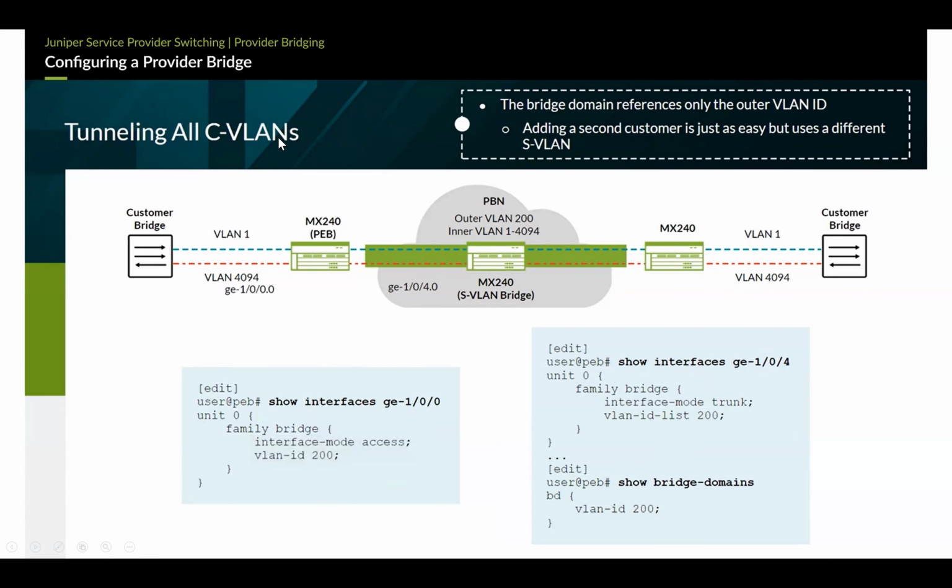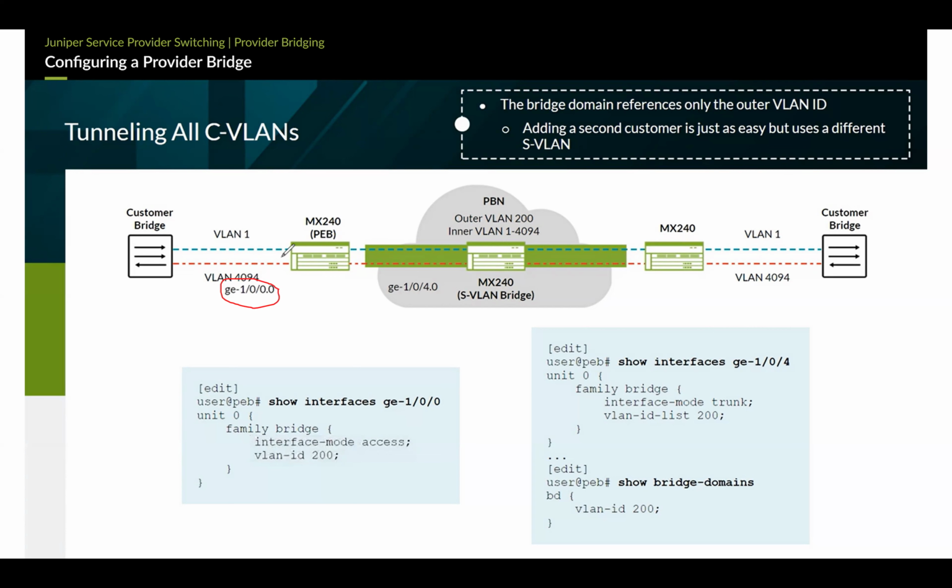Okay, tunneling all VLANs. How to tunnel all VLANs which are coming from the customer? So this is our PEB switch, the provider edge bridge, and the customer bridge is connecting to it. The interface is this one, ge-1/0/0.